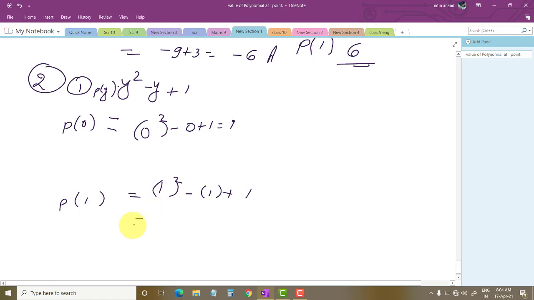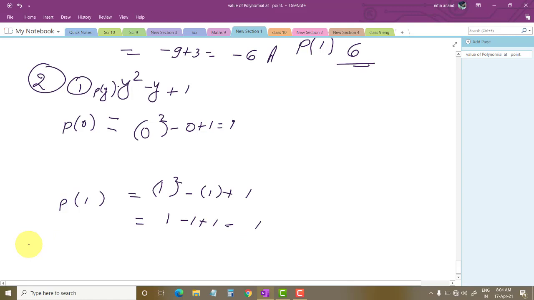It becomes 1 square, that means 1, minus 1 plus 1. Then it is 0, and plus 1, that means 1 is our value of P1.